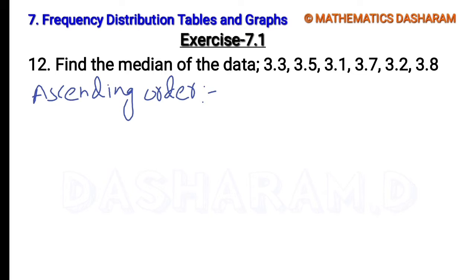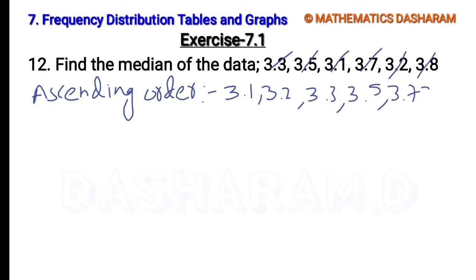Here, the first smallest number is what? 3.1 is the smallest number. Next 3.2. Next 3.3. Next 3.5. Next 3.7. And the last one 3.8.